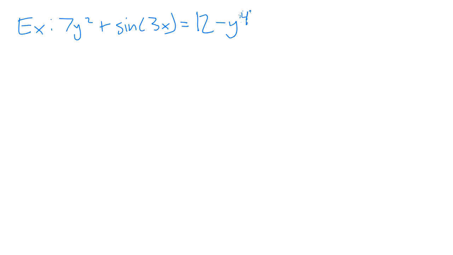And once again, we want to find dy over dx. All right, so let's keep moving forward like we did this time. Once again, we're deriving with respect to x, so let's take that into account when we take our derivatives.